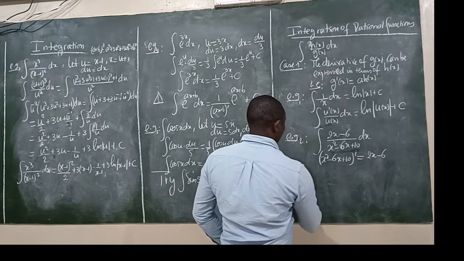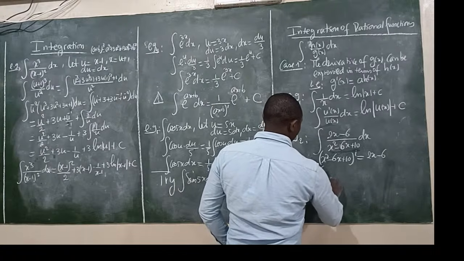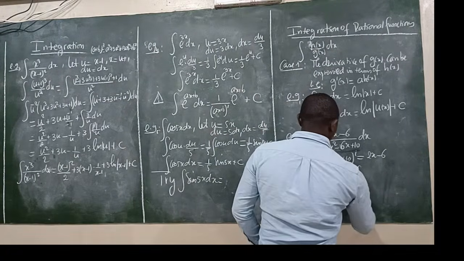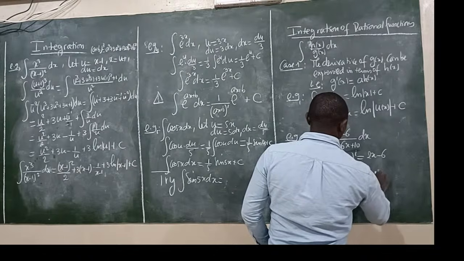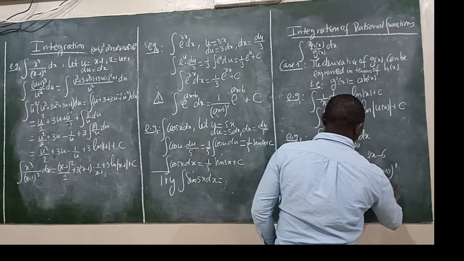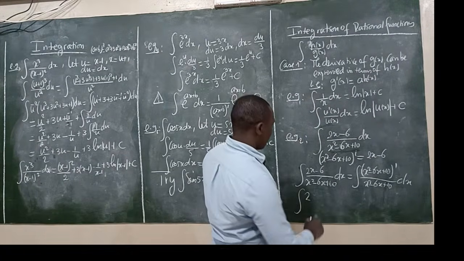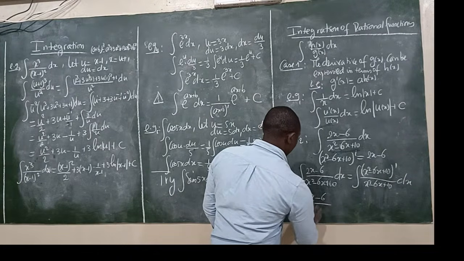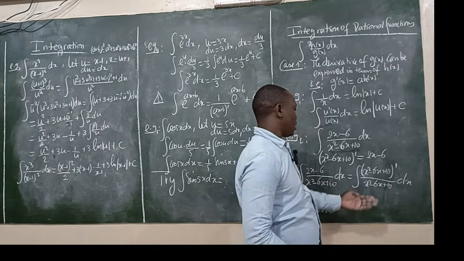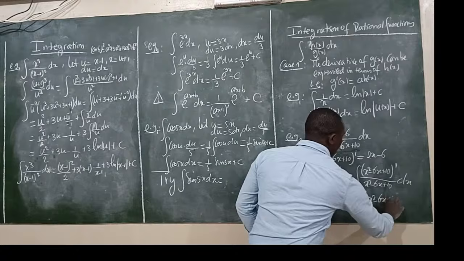Now, the integral of 2x minus 6 by x squared minus 6x plus 10 dx is the integral of the derivative by x squared minus 6x plus 10 dx, and since this is a natural log, it is ln of x squared minus 6x plus 10.